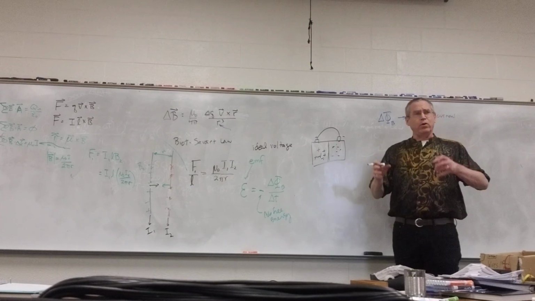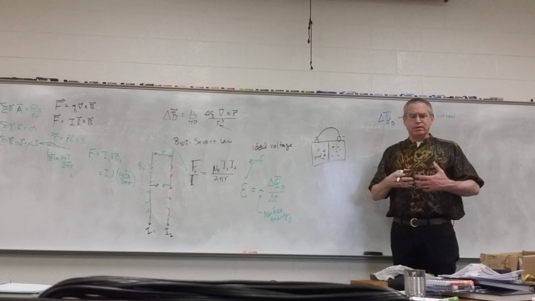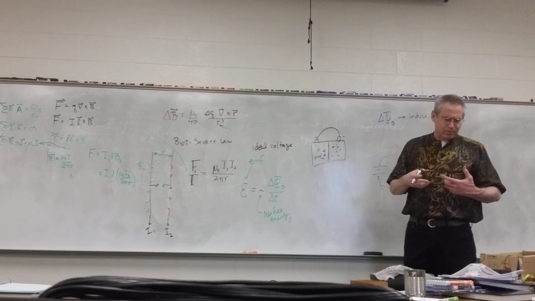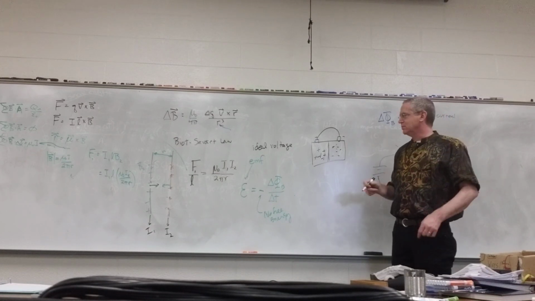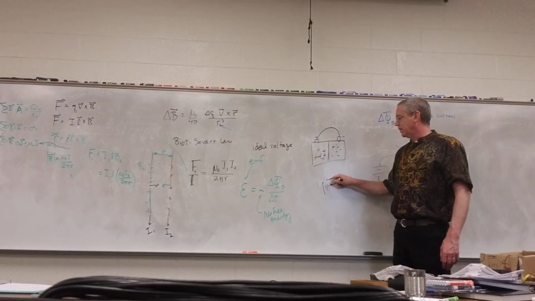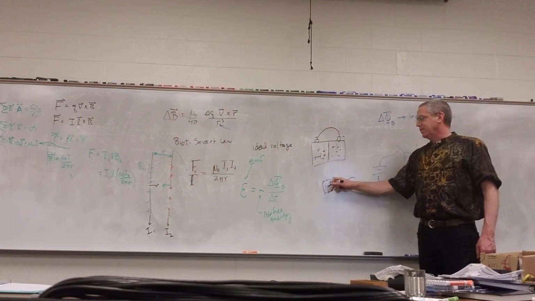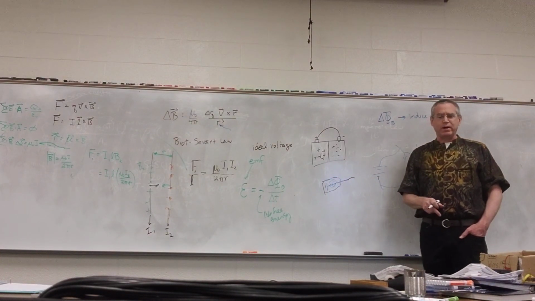Batteries themselves have their own internal resistance. Now, I have pretty much ignored that. There's a problem in chapter 21 where they have the battery here, followed by a tiny little resistor, and then they have the wire going on. This technically is the internal resistance of the battery.